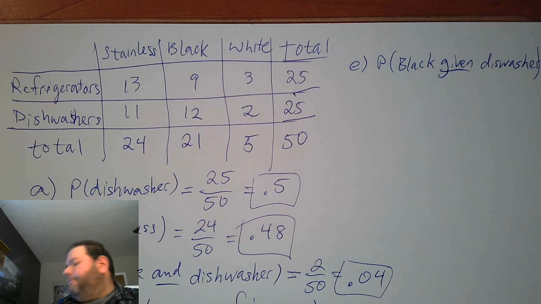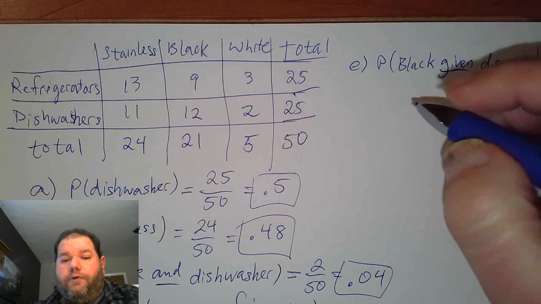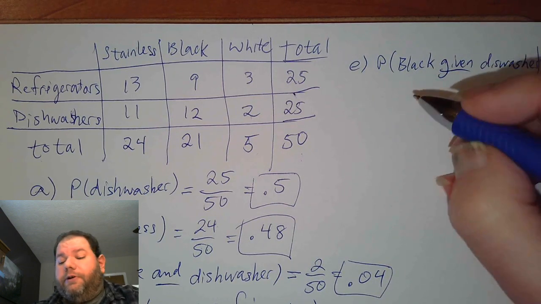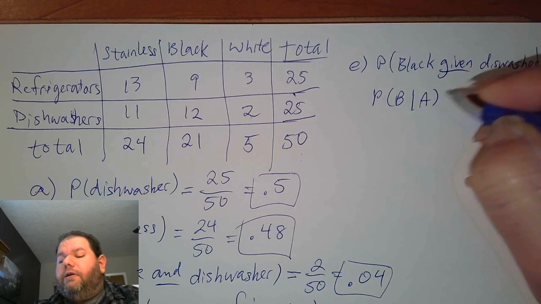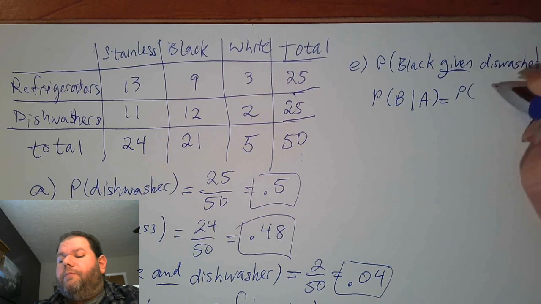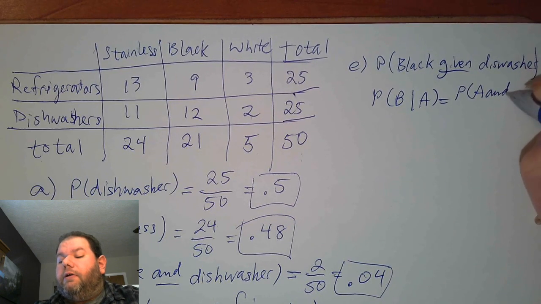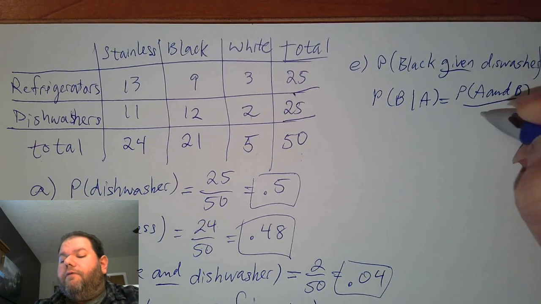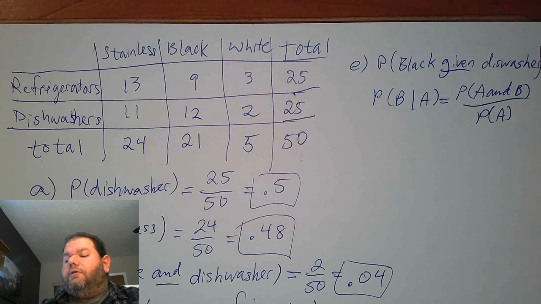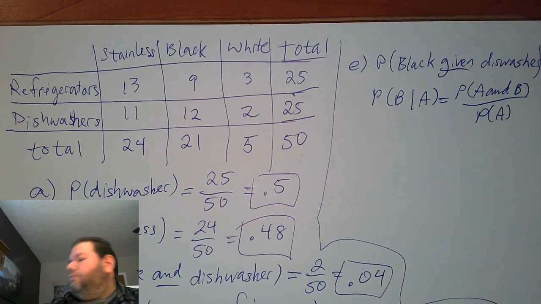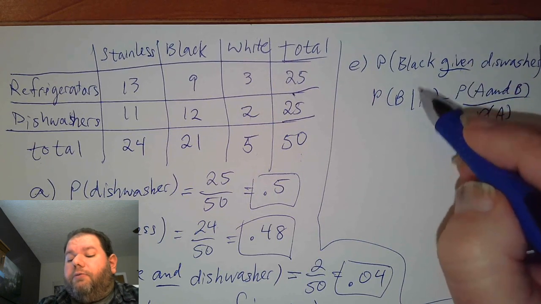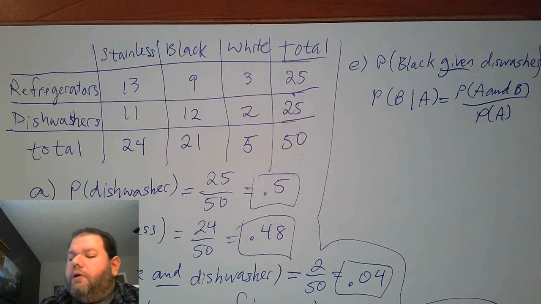Okay. Now the rule for this is conditional probability. Probability of B given A is equal to the probability of A and B divided by the probability of A. First of all, given, that's what our vertical line means here.